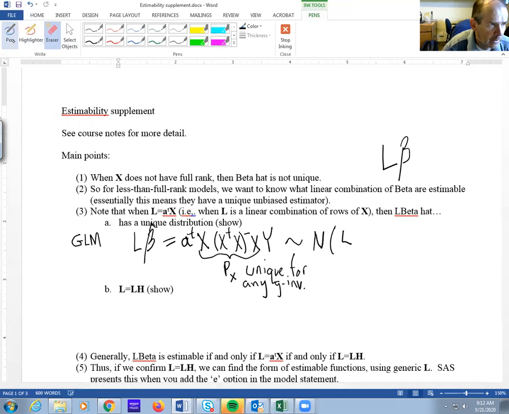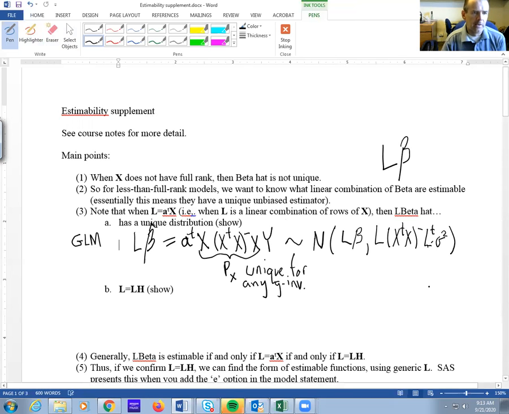So the mean is L beta, and the variance is L X transpose X inverse L transpose sigma. That's for GLM. So you can show this using the linear form result that we talked about last time.